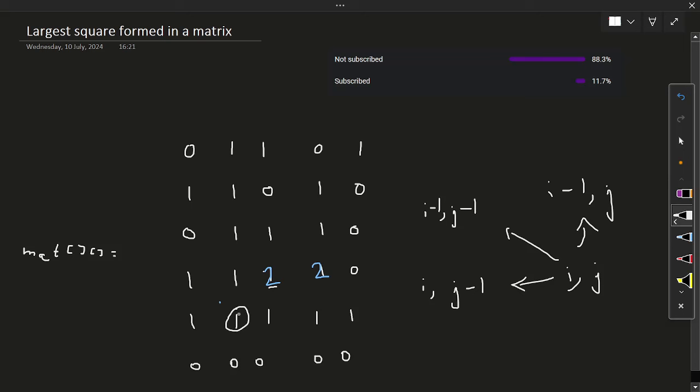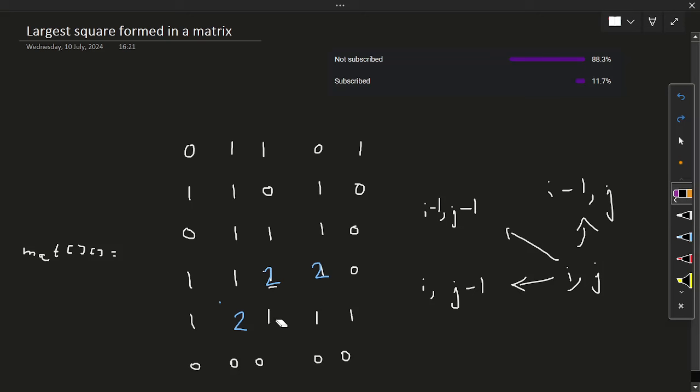So we are here. Let's take the minimum from these cells. The minimum we can take is 1, so add 1 here. Till now the maximum square we can make is 2.